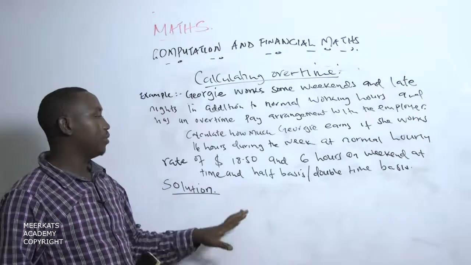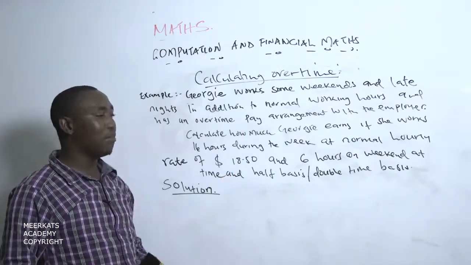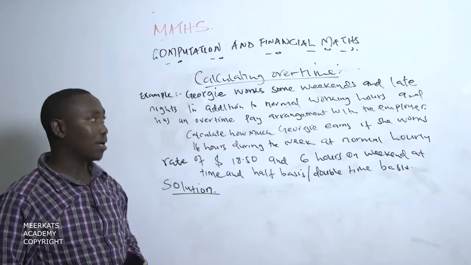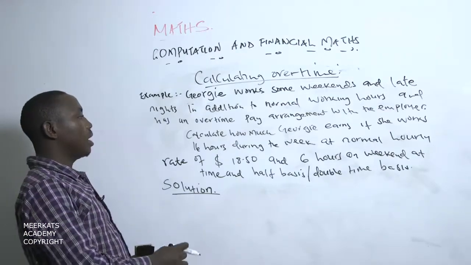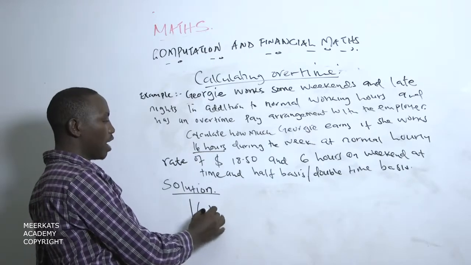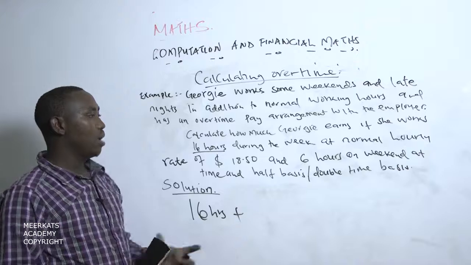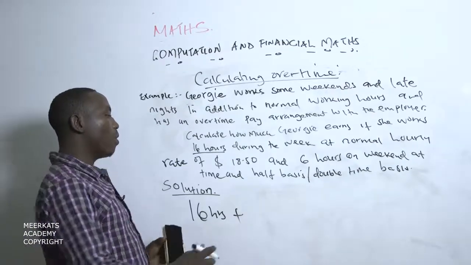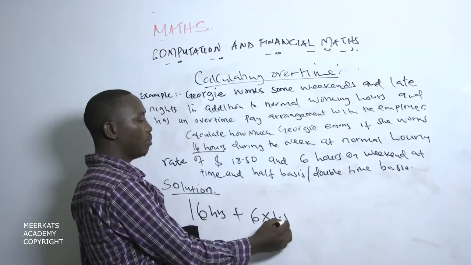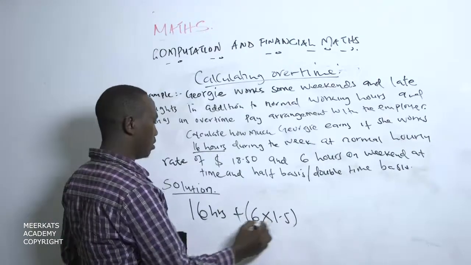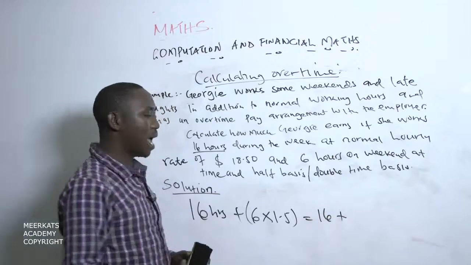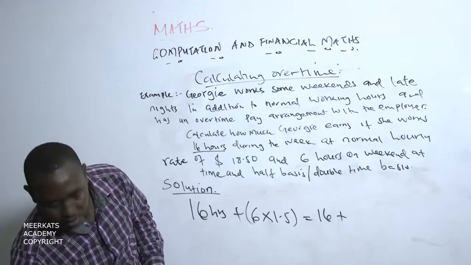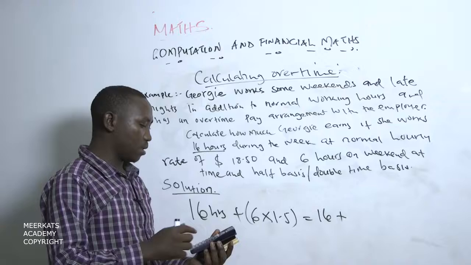So for us to work out using the first basis, that is time and a half basis, we'll be required to know the hours that this person is going to work. Now we've been told that on the normal weekdays she works for 16 hours. Therefore, we are going to have 16 hours plus, on weekend, using time and a half, 6 hours multiplied by 1.5, which gives 9 hours.